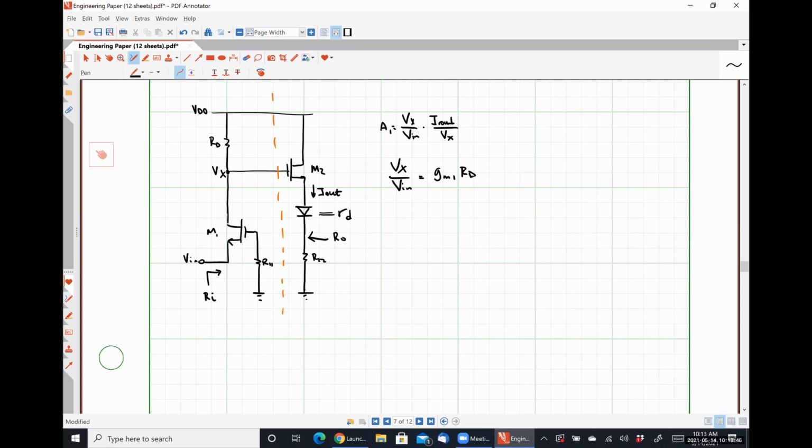So I can say pretty concisely that our output current, the small signal current of our amplifier, is going to be GM2 times VGS2, because that's what a transistor does. Converts the gate source voltage into an output current by means of the transconductance.